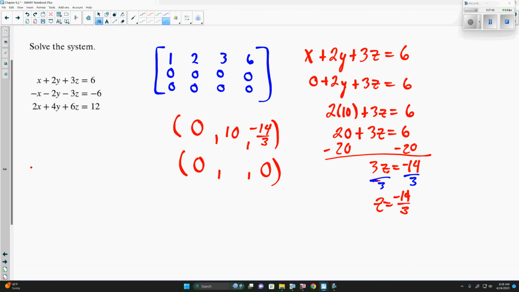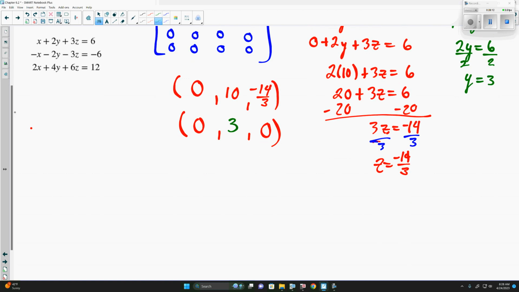Oh, I can just do it off to the side. This time I'm going to say x is 0 plus 2y plus 3 times 0 is equal to 6. I just set x and z as 0. Well, it's really just saying 2y is equal to 6.